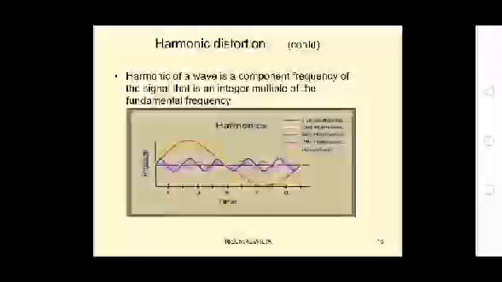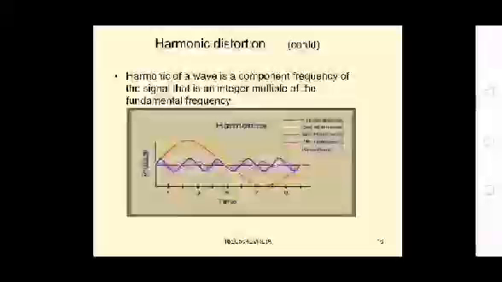We can define a harmonic of a wave as a component frequency of the signal that is an integer multiple of the fundamental frequency. If your fundamental frequency is f, then 3f is your third harmonic.